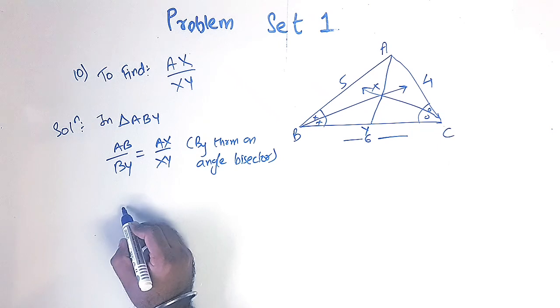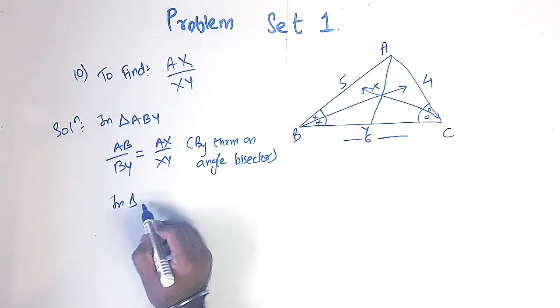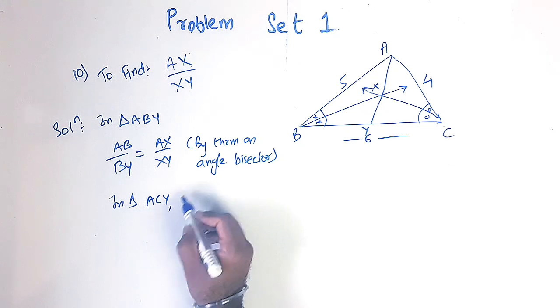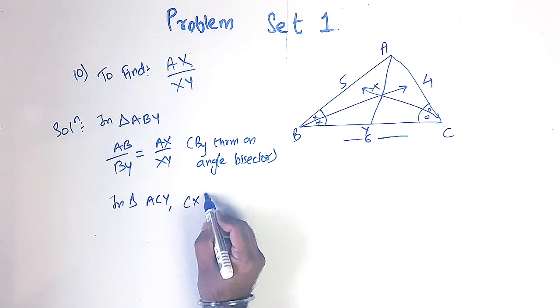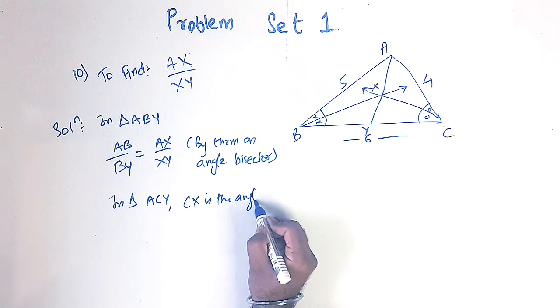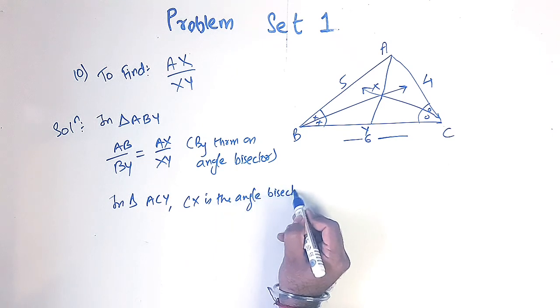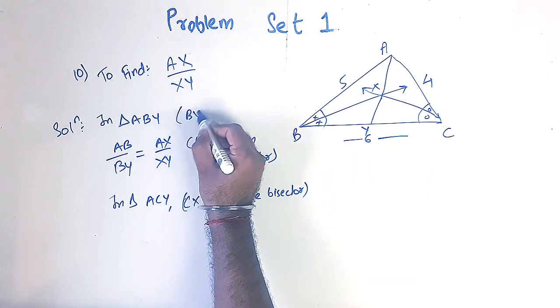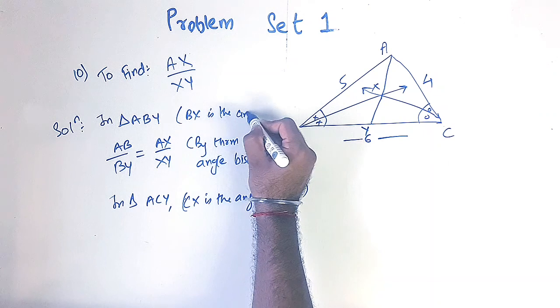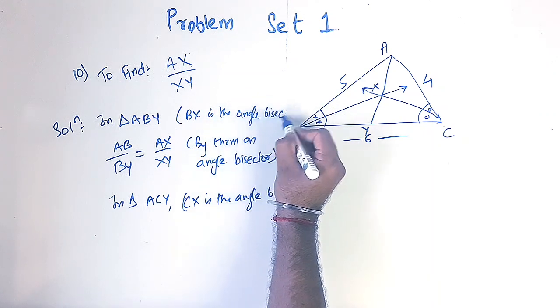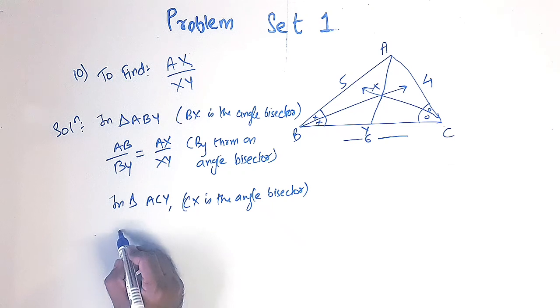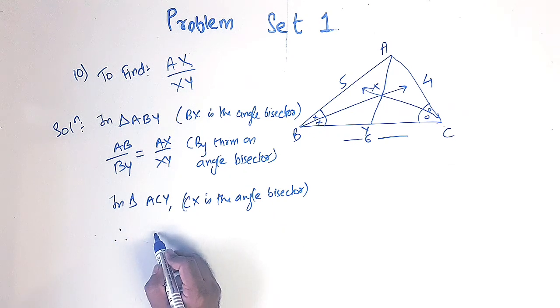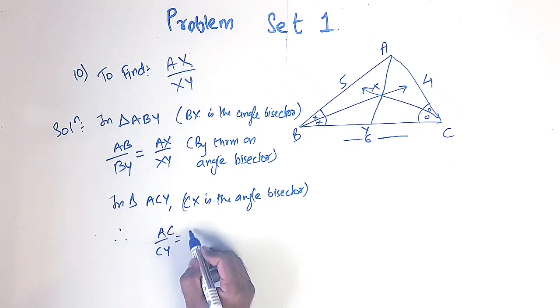Then in triangle ACY, I'll mention the angle bisector here. CX is the angle bisector, and here also I'll mention BX is the angle bisector. Therefore in ACY, AC upon CY equals AX upon XY.